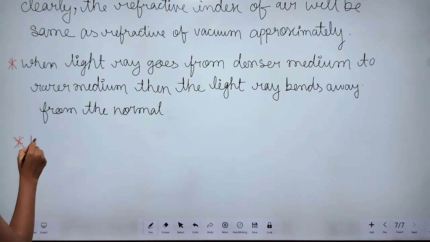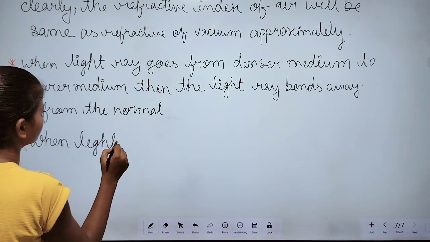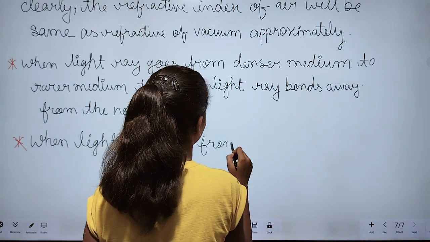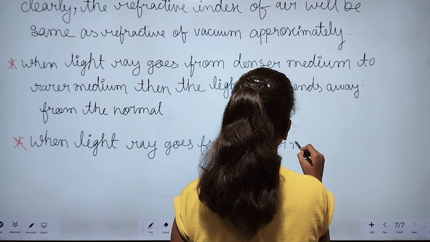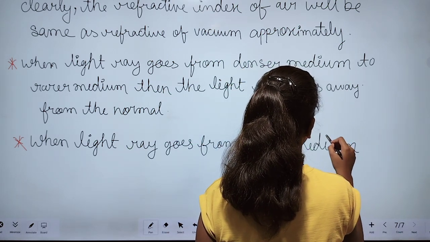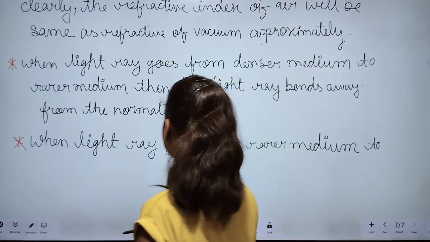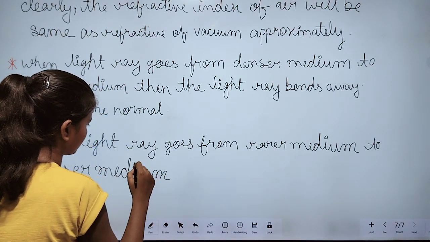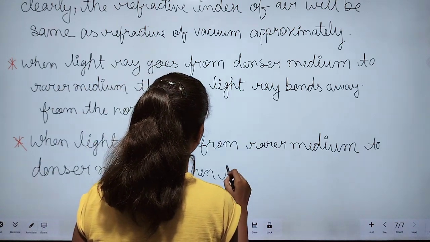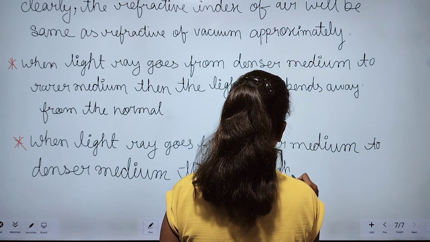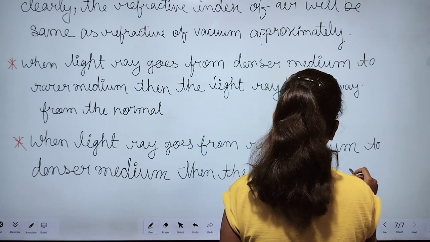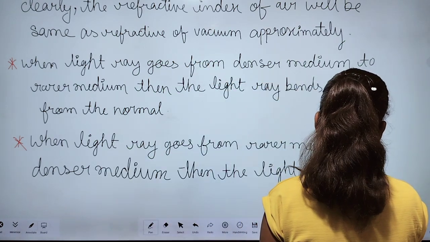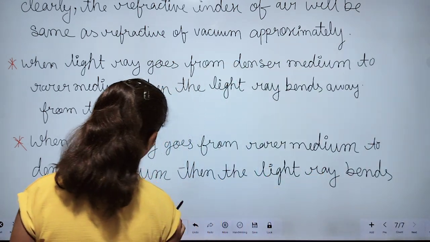This is a very important point: when a light ray goes from a rarer medium to a denser medium, then the light ray bends towards the normal.